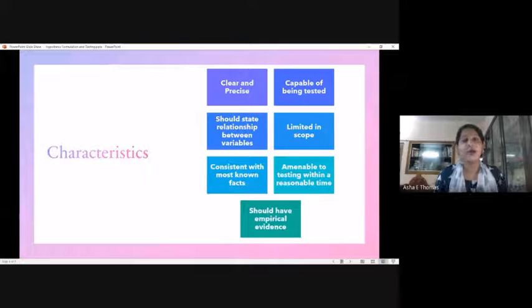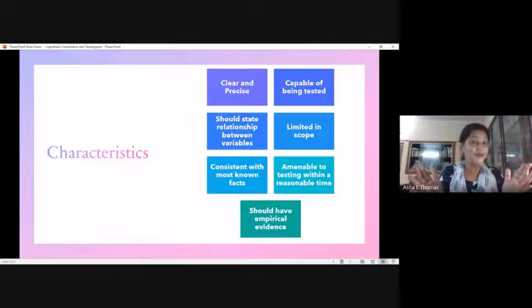So every hypothesis should have some kind of empirical, research-based evidence to prove or disprove its existence. Right, so these are the basic features of a hypothesis when we are planning it for a research.